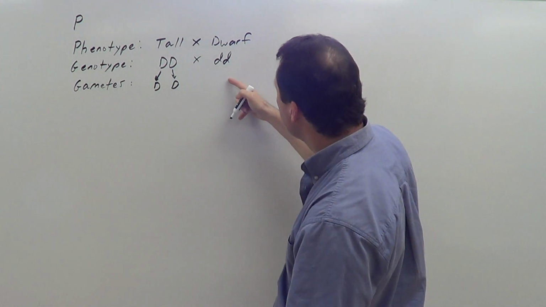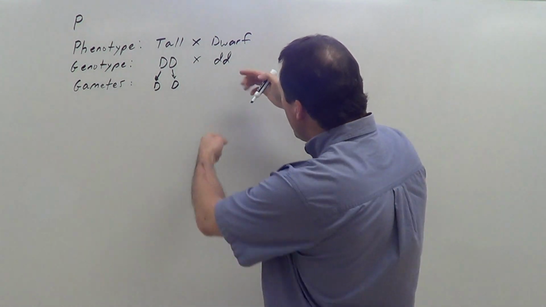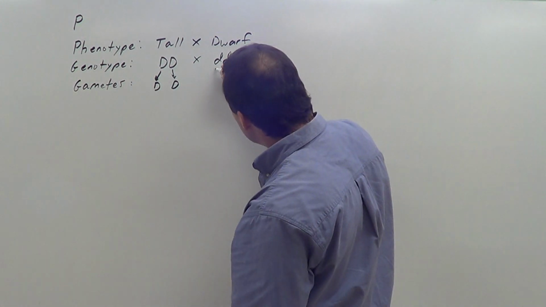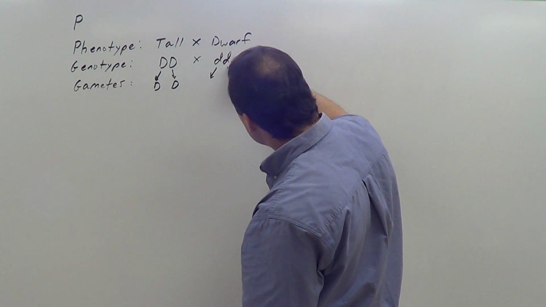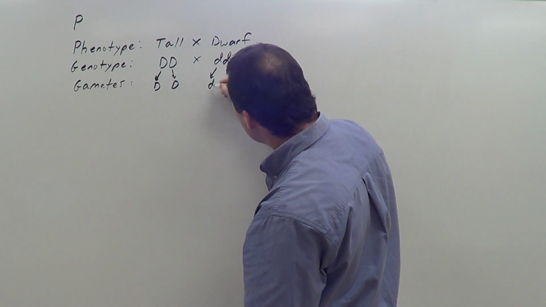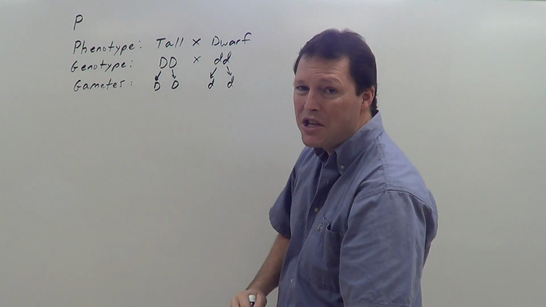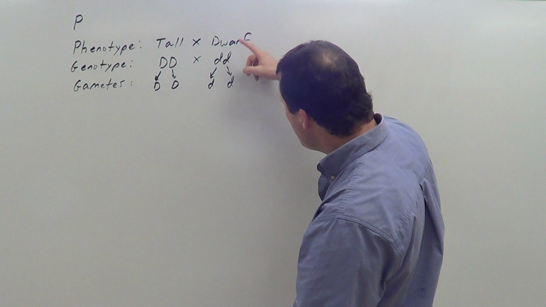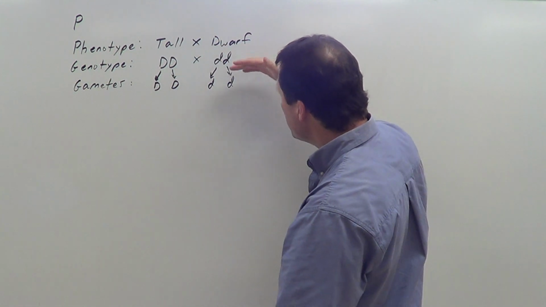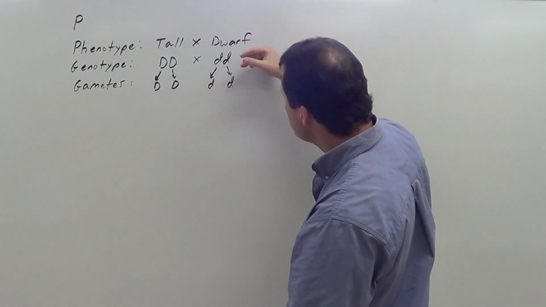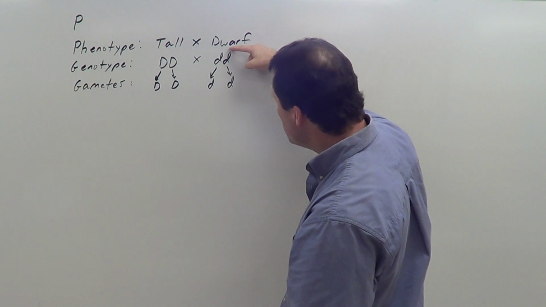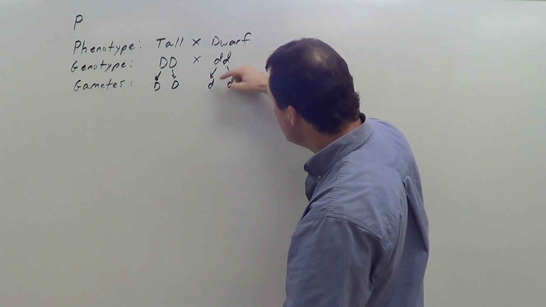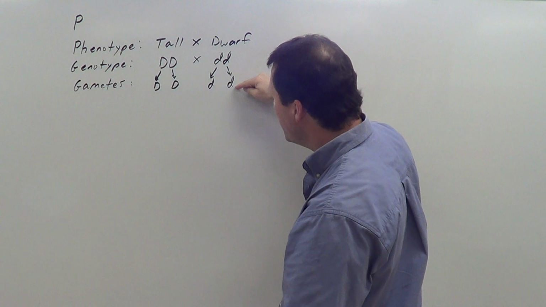The same thing goes for the dwarf. When this gamete is produced, it could contain either a lowercase d or a lowercase d. Remember, the gamete is going to contain lots of different genes for different characters, but we're only talking about the height character here. So in terms of height, this dwarf pea plant could contribute a lowercase d or a lowercase d.